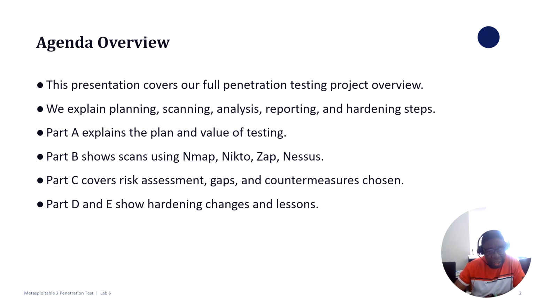Then Part B walks you through my actual scans using Nmap, Nikto, and ZAP and Nessus. Part C covers my risk assessment and the countermeasures I proposed based on those results. Then finally, in Parts D and E, I show the real changes I made to Metasploitable and what I learned from doing it.